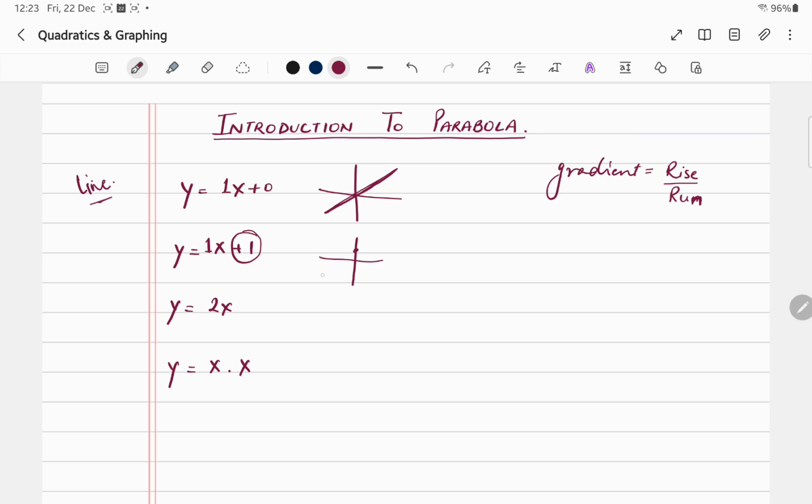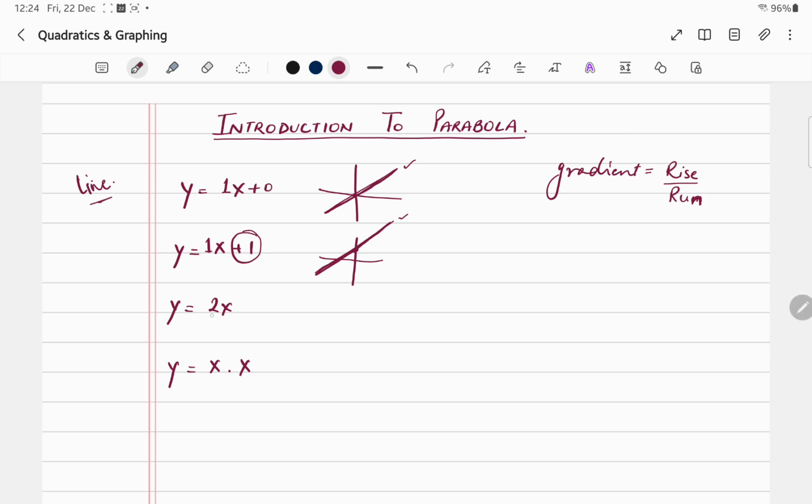So this line and this line here are parallel, right? Same line, moved up. And similarly, if you do x minus 1, it's going to come down. So this is moving up and down of the same line.